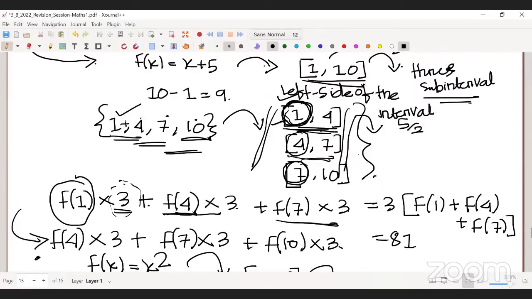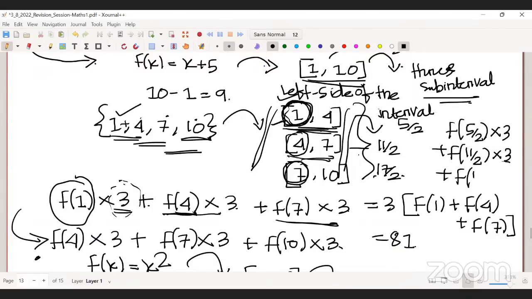The next is 11 by 2, and this is 17 by 2. Then the Riemann sum will be f of 5 by 2 times 3, plus f of 11 by 2 times 3, plus f of 17 by 2 times 3. This will be the middle Riemann sum.